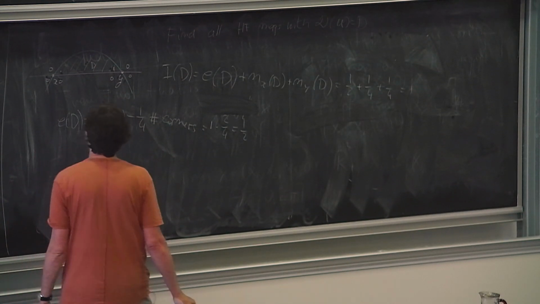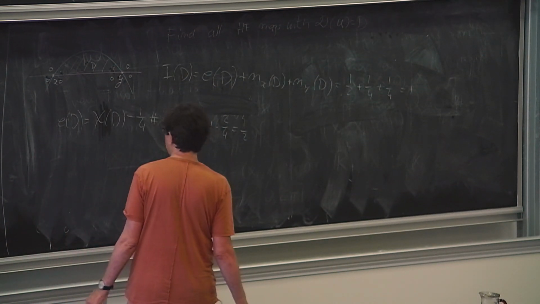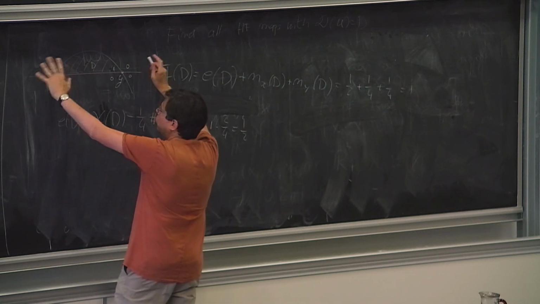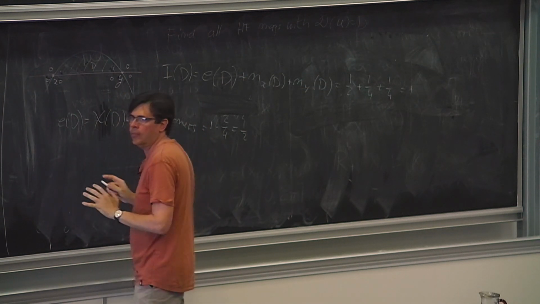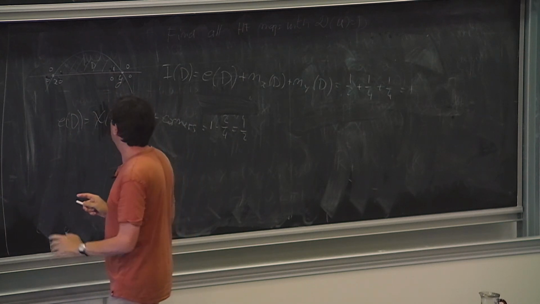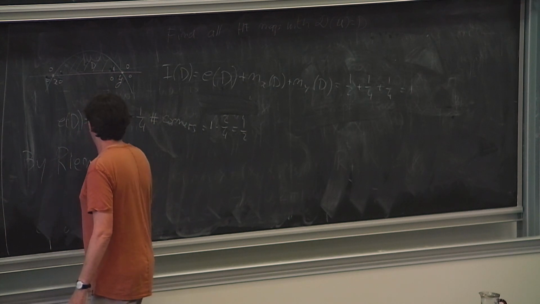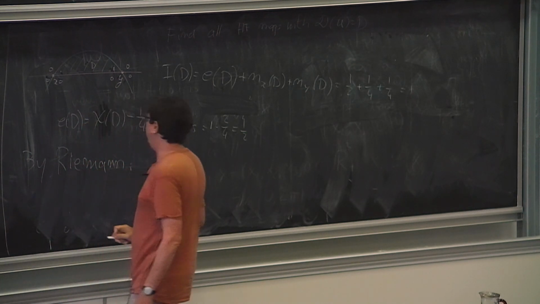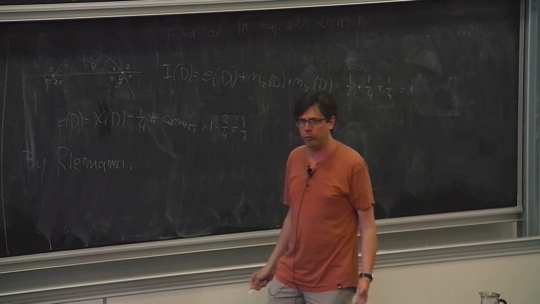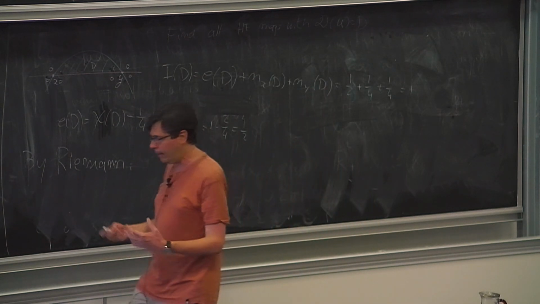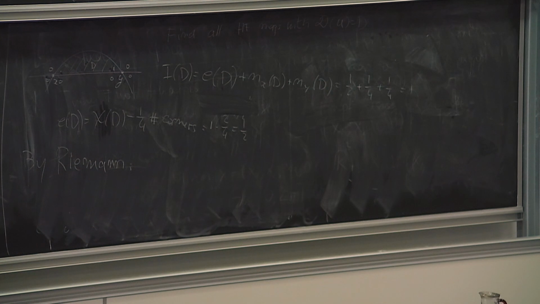Now let's see what we can do. So let's pretend this is a genus 1 diagram and we have only this condition. Now it comes to the big hero of the theory, which is the Riemann mapping theorem. The Riemann mapping theorem says that if you have a simply connected open subset of C, which is not all of C, it's biholomorphic to the disk.